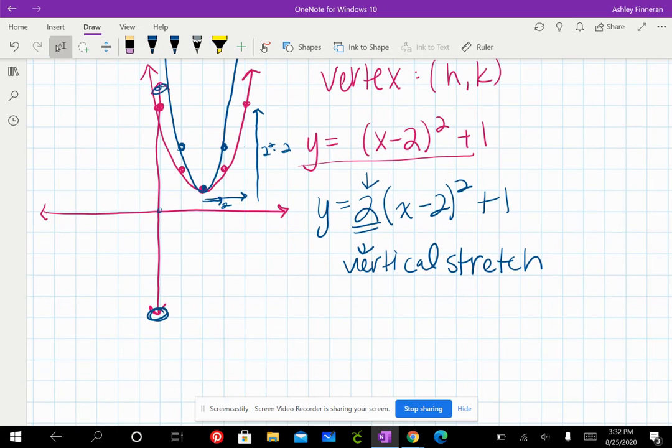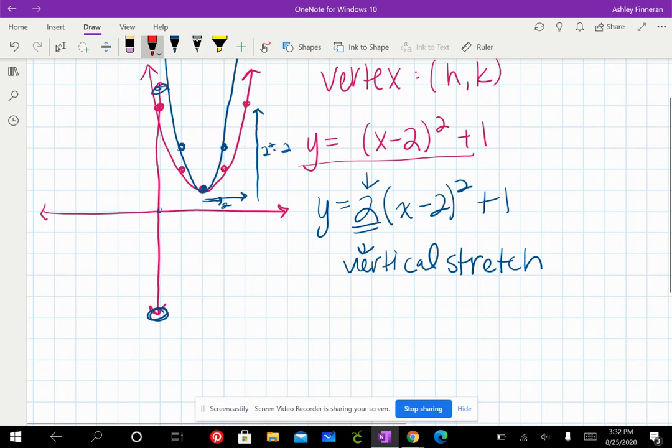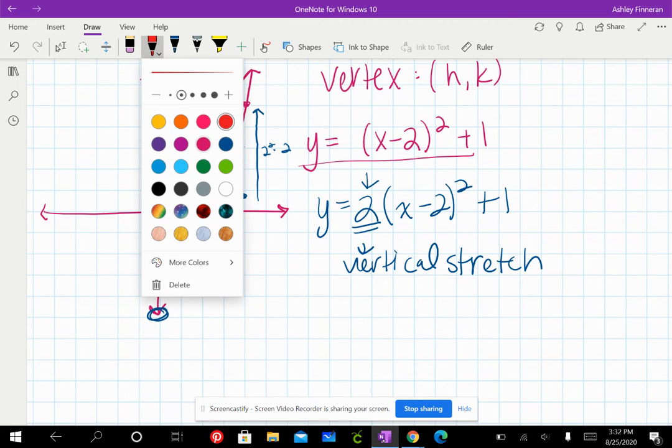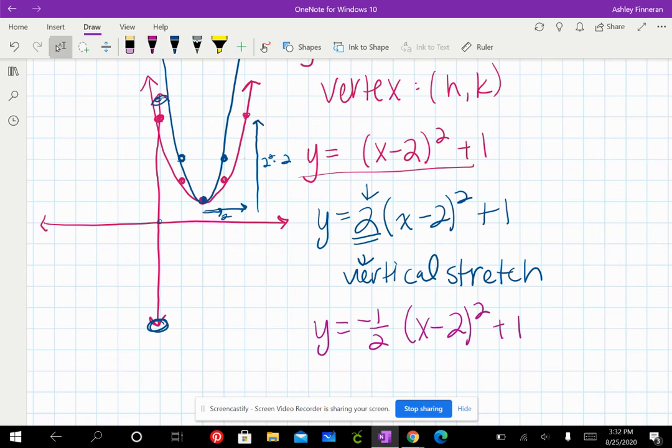Now, what happens if it changes to negative? So I'm going to make it now the same vertex. Y equals, let's say, negative 1/2 times (x minus 2) squared plus 1. So same vertex, but now that negative 1/2 flips it over the x-axis.